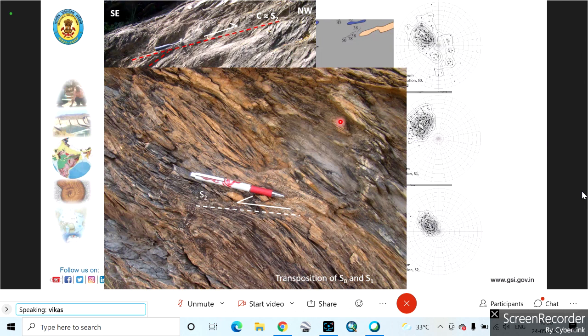That is helping me in the identification of S0. Once I understand that S0 is parallel to S1, while mapping I will have a better idea of where I should be putting the contact, how the contact will be going through, and where I will be getting the other contact of the lithology. Like that, we can understand things.